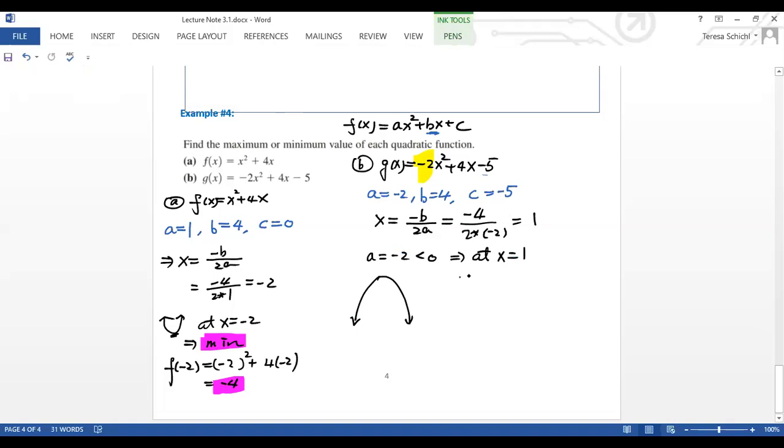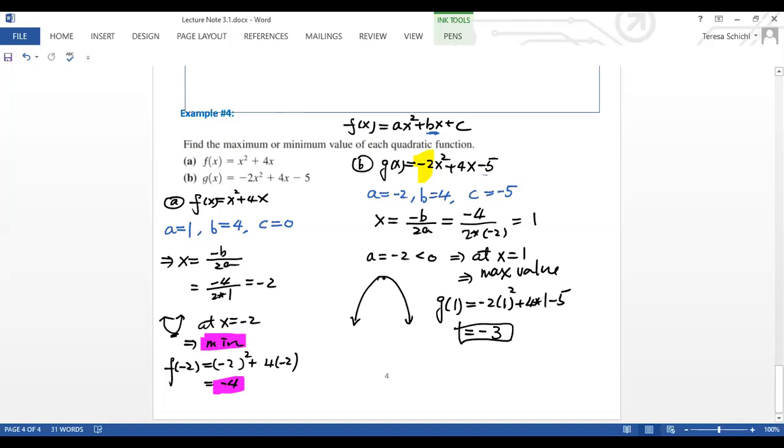I have a maxima value. What is this maxima value? I plug 1 into my function: negative 2 times 1 squared plus 4 times 1 minus 5. And what do I have here? I have negative 3.